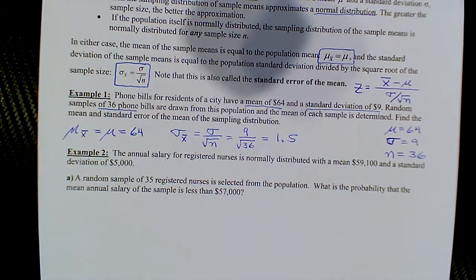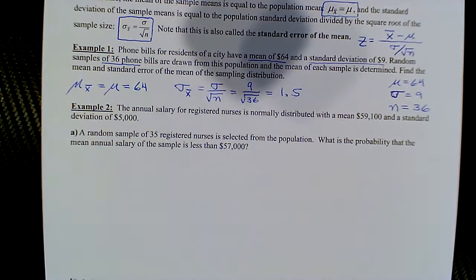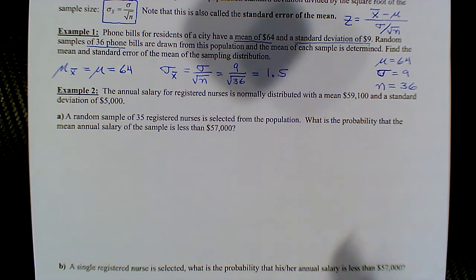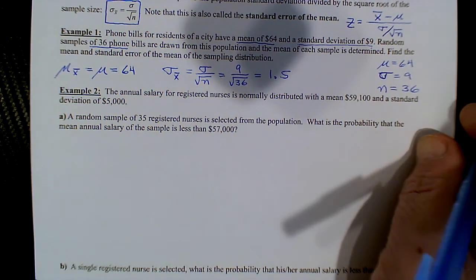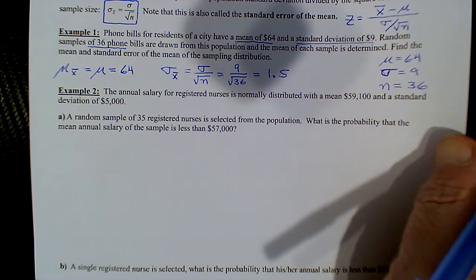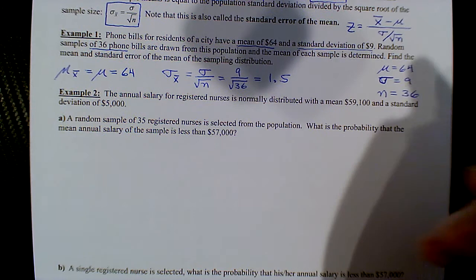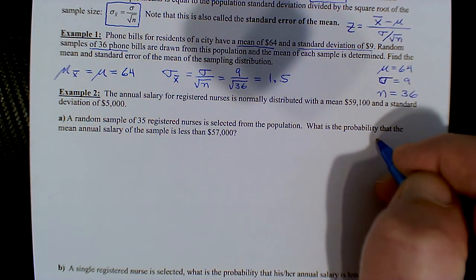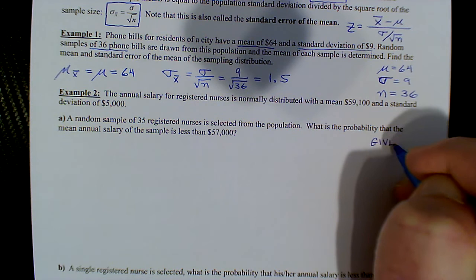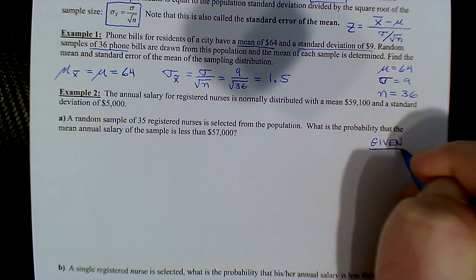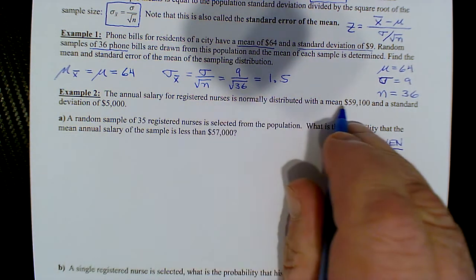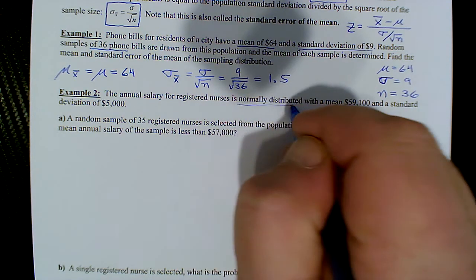So when we go through the next example, we're going to see how to mechanically deal with the two different situations of either talking about a mean of a sample or an individual piece of data. First off, the givens. Okay, so here it tells us the annual salary is normally distributed.